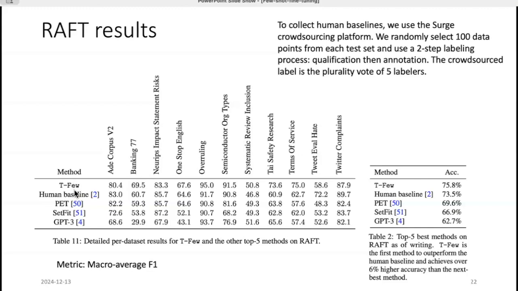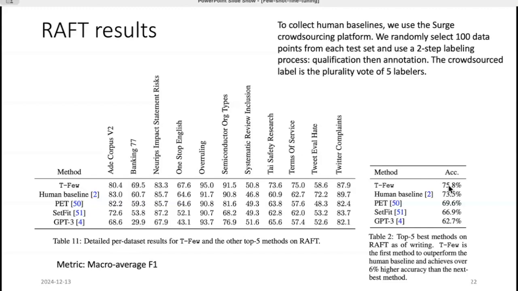Before T-Few, without this few-shot fine-tuning, all of the previous methods had some gap on these benchmarks and were not beating the human performance. And T-Few is the first method at that time to beat the human performance.